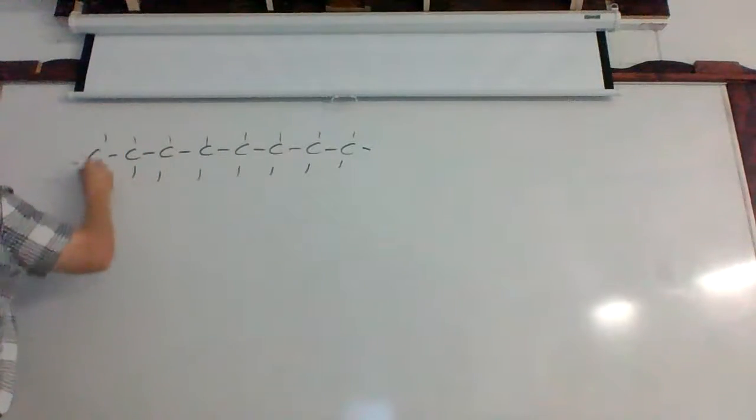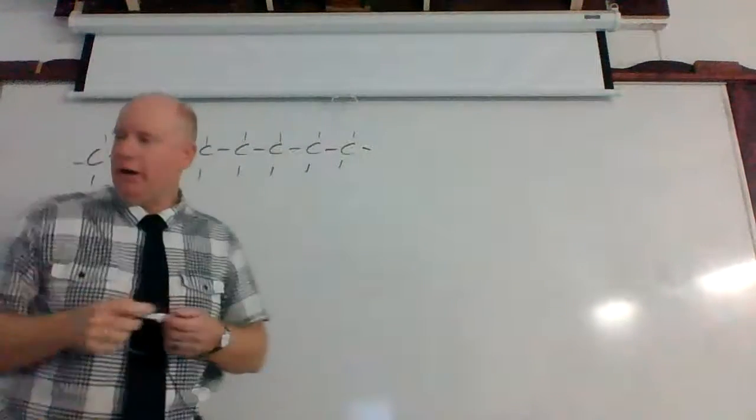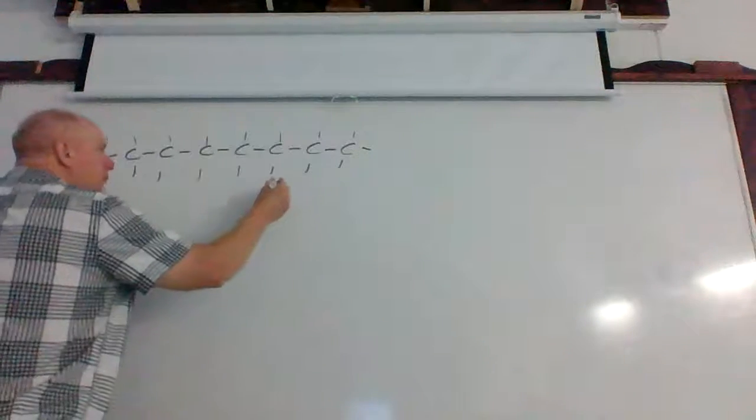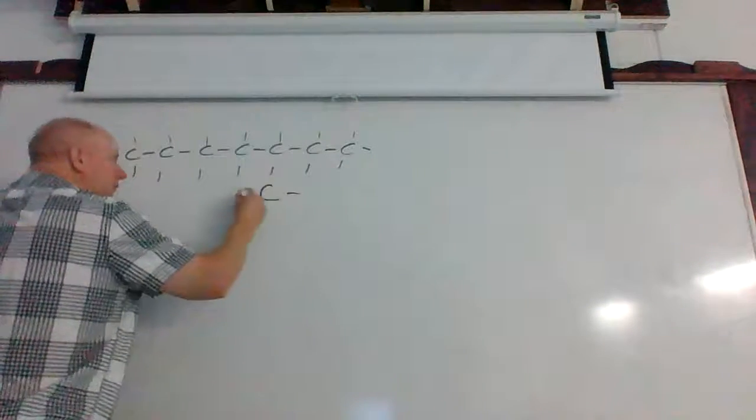Because if we're drawing an isomer of that, why is that incorrect? I mean, you got the right idea, but that's still octane. So that's what I'm getting at. One of the aspects is we can't do this either.